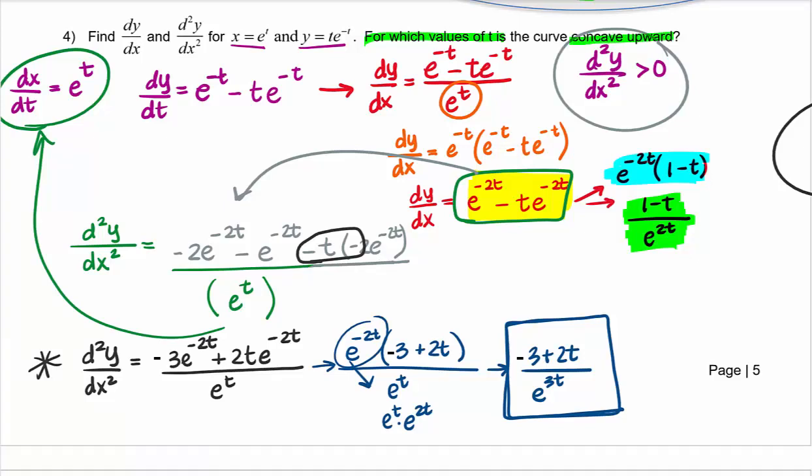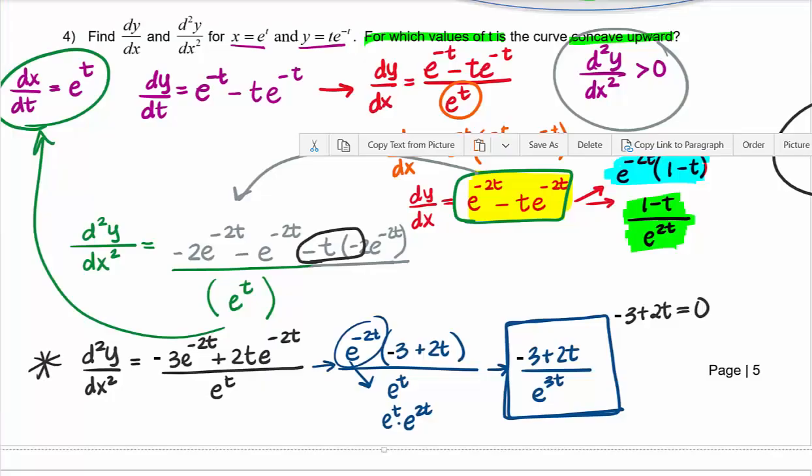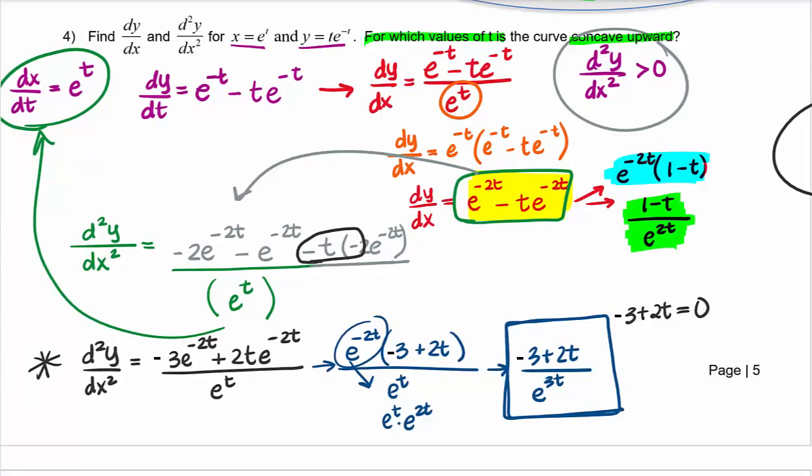So now I'm going to take this second derivative and figure out where it is 0. From our rational functions from Calc 1, I really only need that numerator. So this is what I will do. I will set my numerator equal to 0 to find all the places where the second derivative is equal to 0, and then I will use that to assess, just on a basic number line, where the second derivative is greater than 0.